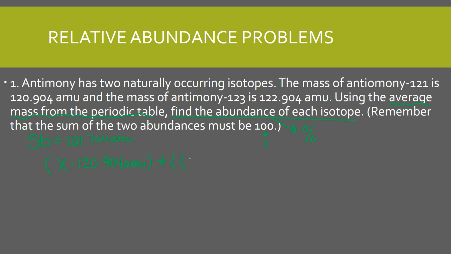What we have here is 1 minus x, meaning 100% minus whatever percentage the first isotope is abundant is the second percent, times its mass of 122.904 AMU. And like in the last problems, where we were calculating average atomic mass, we've already been given that from the periodic table, and that is 121.760.